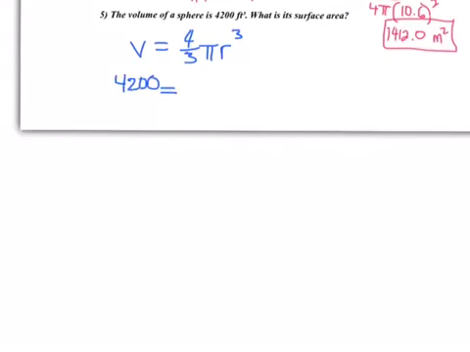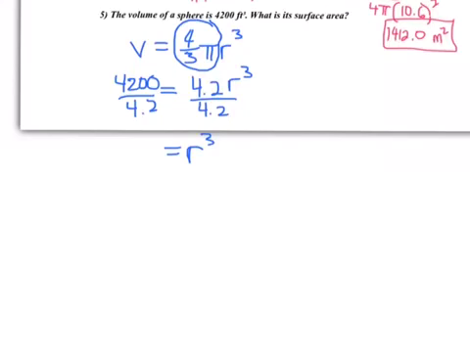Then I'm just going to multiply 4/3 times 3.14 and get 4.2 r to the third. So that just simplifies things. So now dividing by 4.2, I will get that r to the third equals 4,200 divided by 4.2, and that is 1,000.